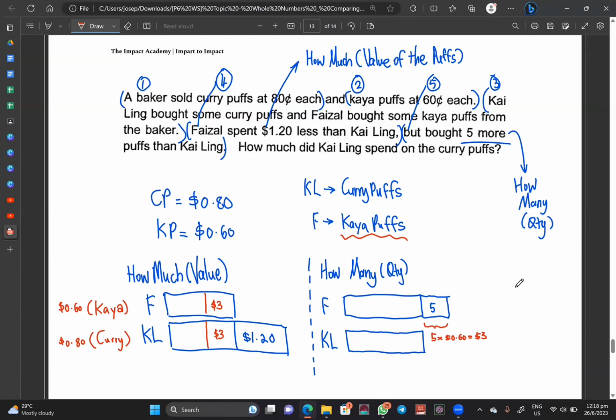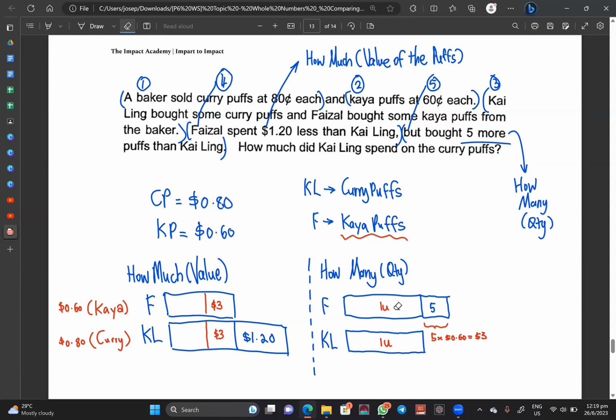Once you're done with this, you need to ask yourself, now there's one thing I know: I know the total number of kaya puffs Faisal bought. It's 1 unit plus 5, and for Kailing, she bought 1 unit of curry puffs. This is a way for me to help students who don't understand what I'm going to do next.